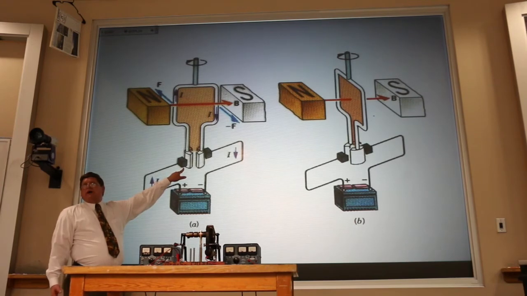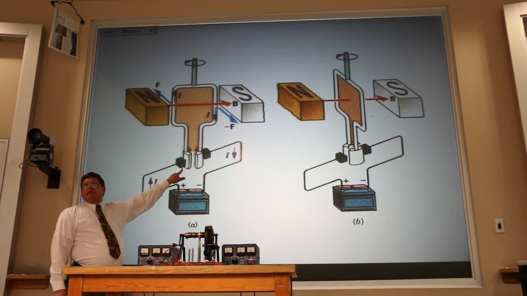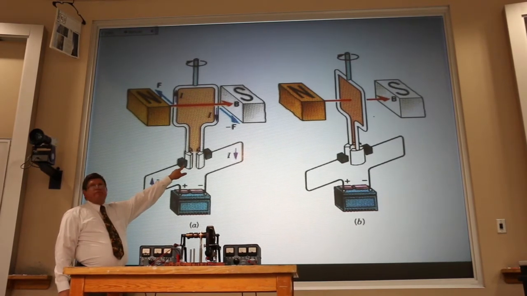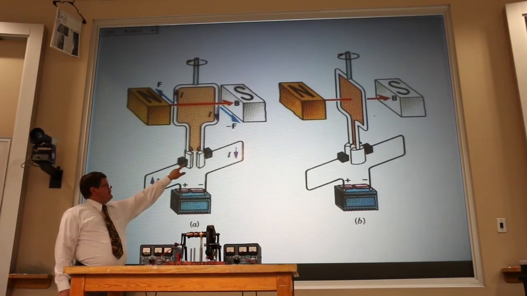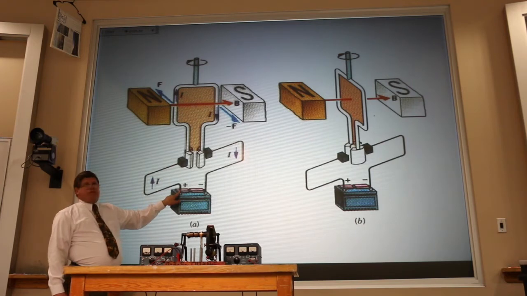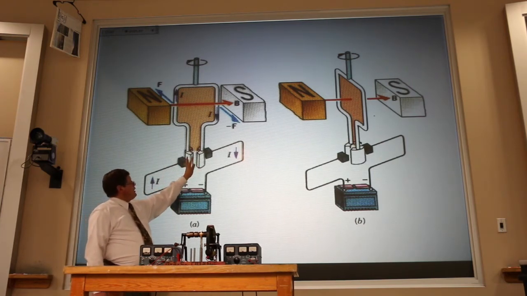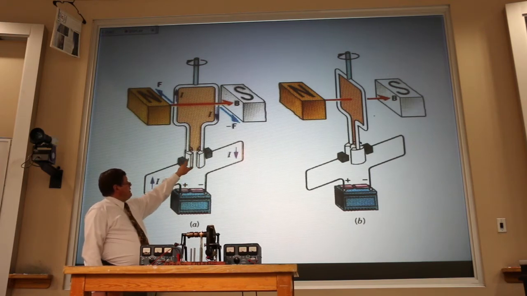They're sometimes called bushings, brushes, different names for them, but essentially it's just a lead that's connected to the positive terminal of the battery. And when this coil rotates around, this side of the coil is touching the lead for half a turn.